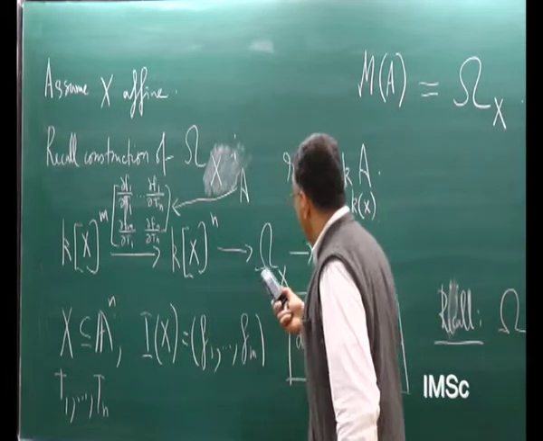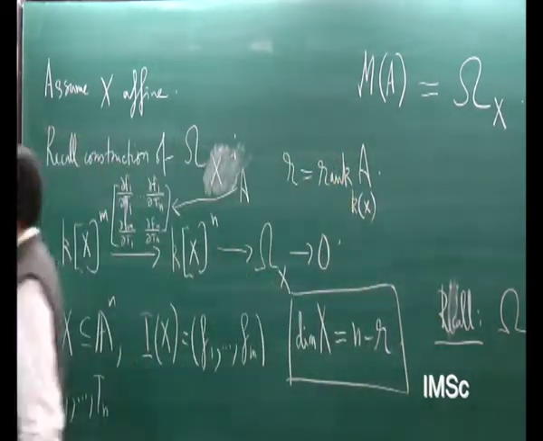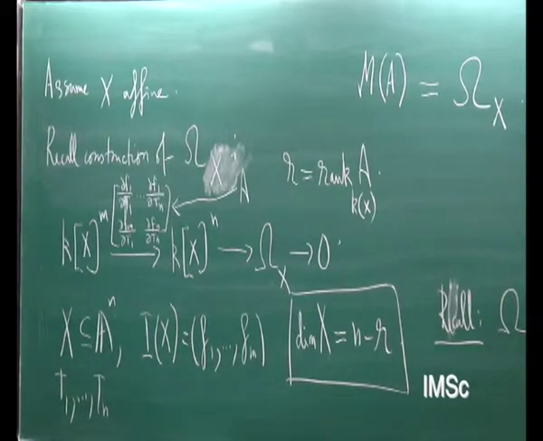Therefore I would have gotten a presentation for this by that same matrix. Of course, many things that were not 0 to begin with could now have become 0, because I am going modulo a maximal ideal.